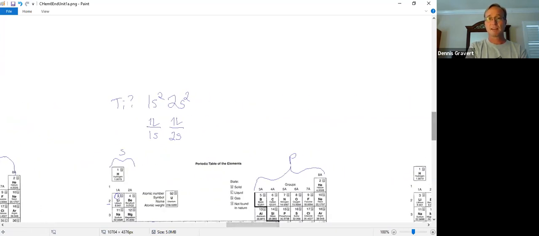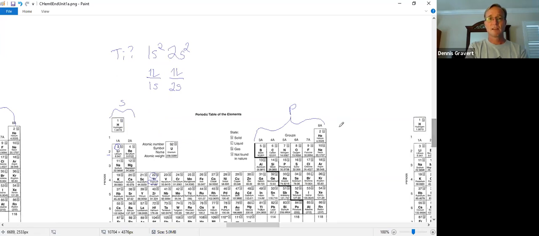So what's the pattern here? The S block was 2 columns wide, and it took 2 electrons. The P block is 6 elements wide, 6 columns wide. So I've got 3 P orbitals, but I want 6 electrons here to fill the P block, and each orbital has a maximum of 2.